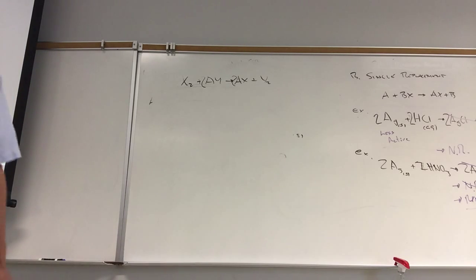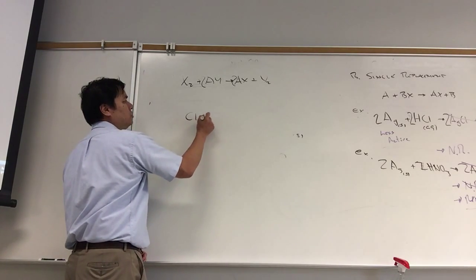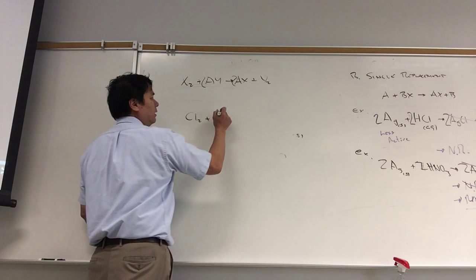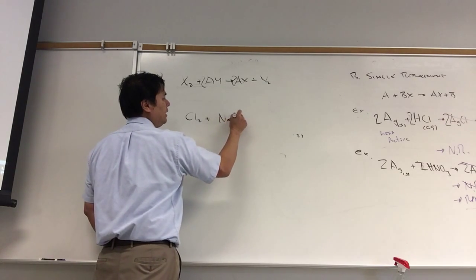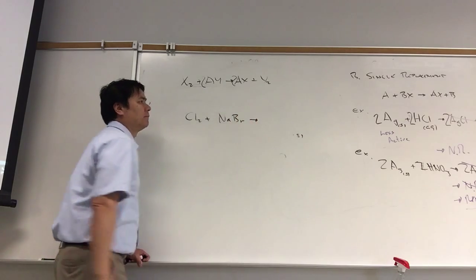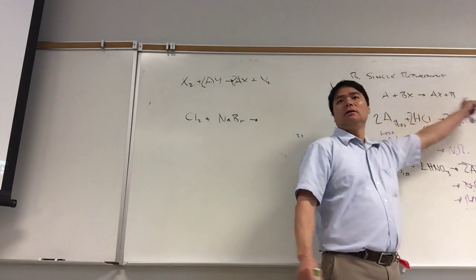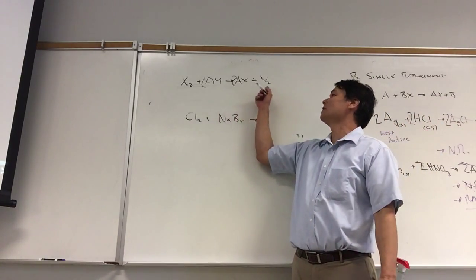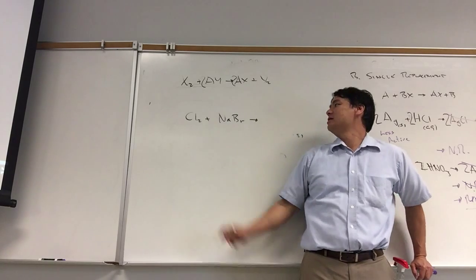It's a very common reaction because what happens if you try to do this? Cl2 plus NaBr produces what? Does it produce the A plus BX, or does it produce the 2AX plus Y2? Which one does this fit?